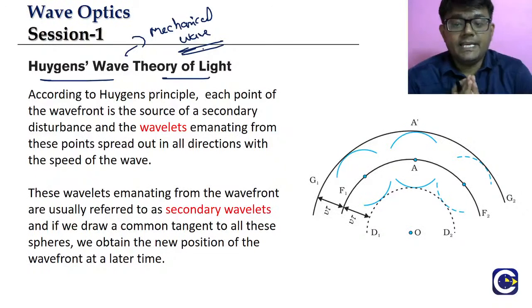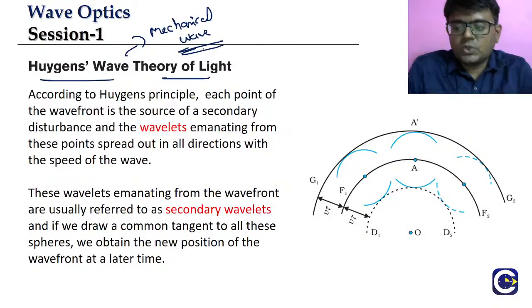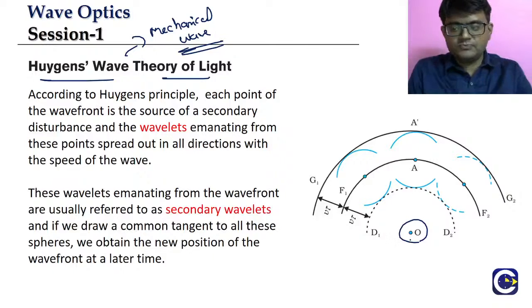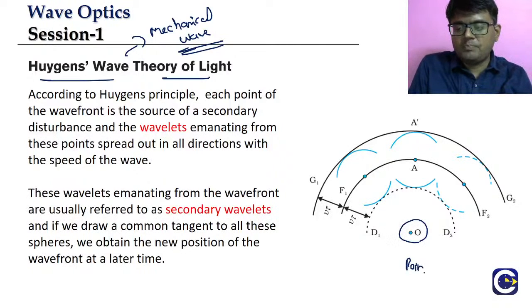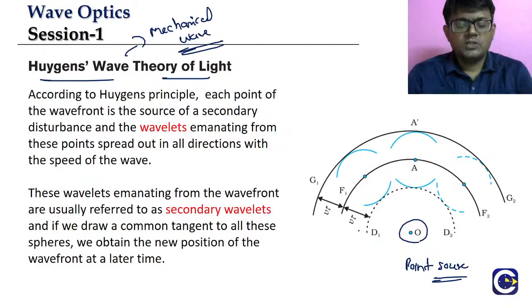As per his theory, let's say we have a source at O. Here we are looking at the point source. The source, we said, will produce a wave in all directions.